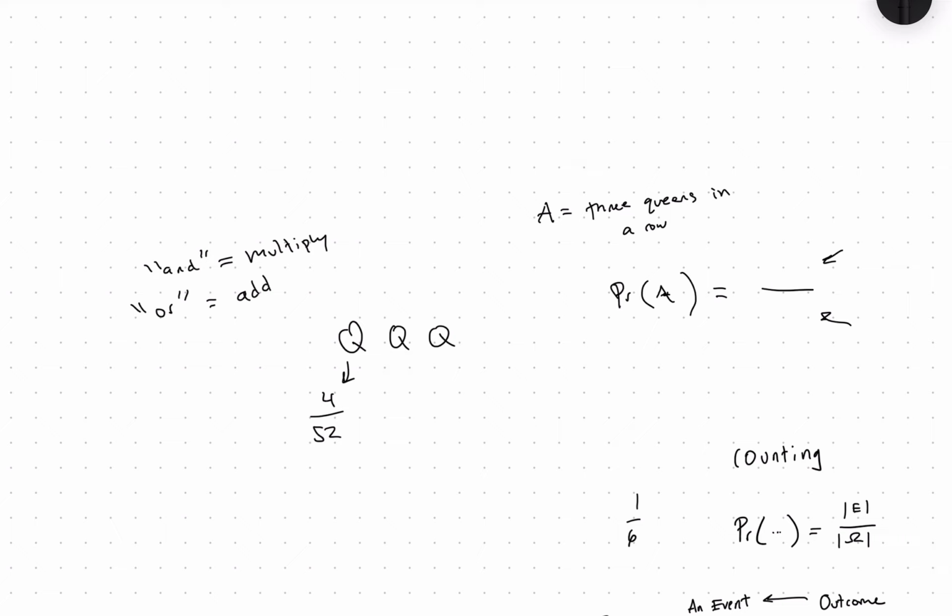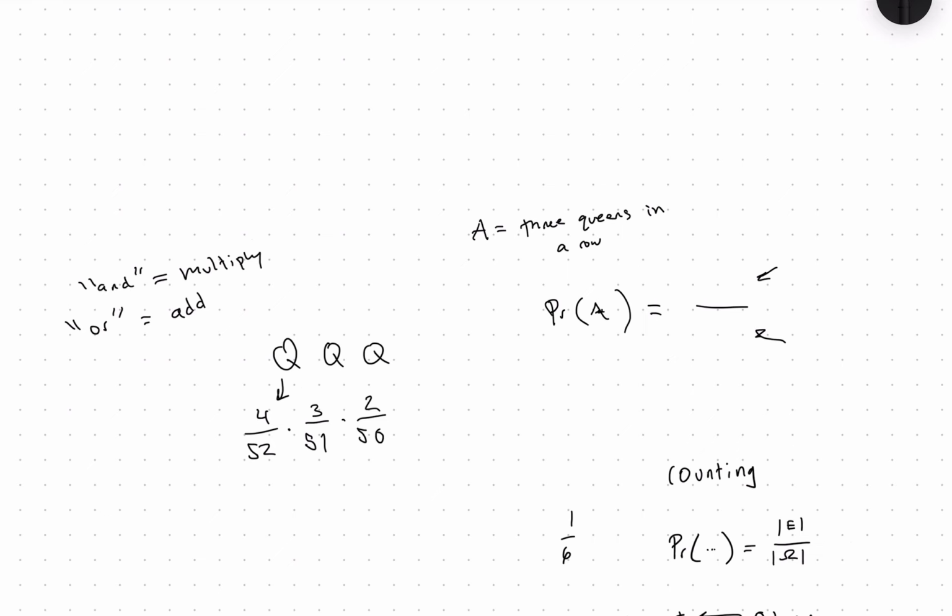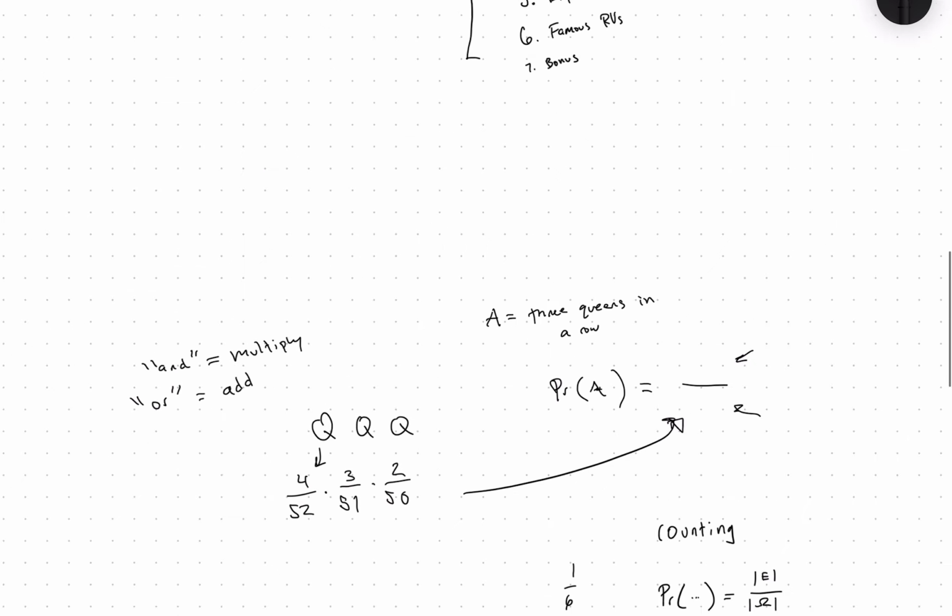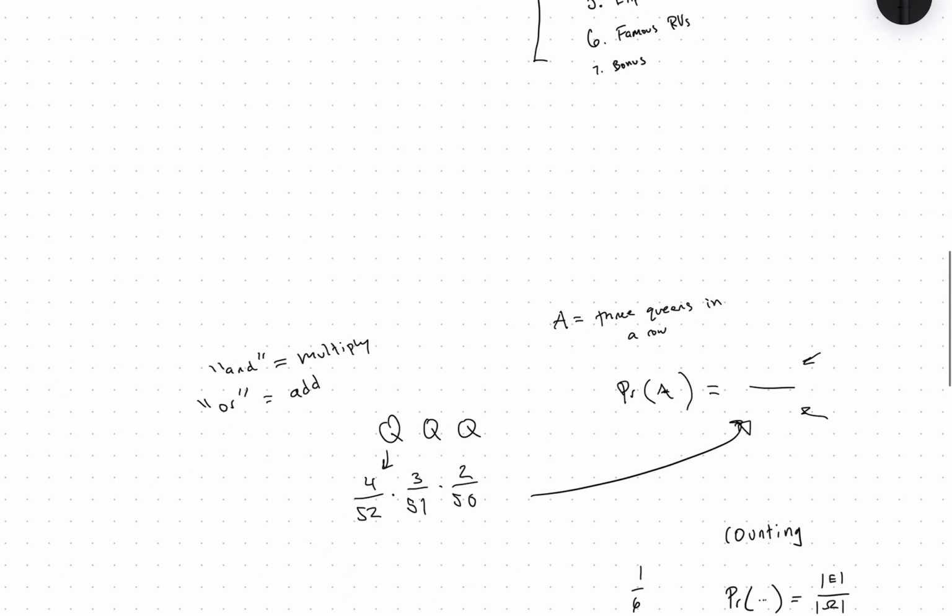And then we see the word "and" here, because we want the first queen and a second queen. So we know the next card is 3 over 51. Now you start to see a pattern, and the next one is 2 over 50. Great, that fits our format. I'm not going to do that math, and I'm pretty sure that is correct.